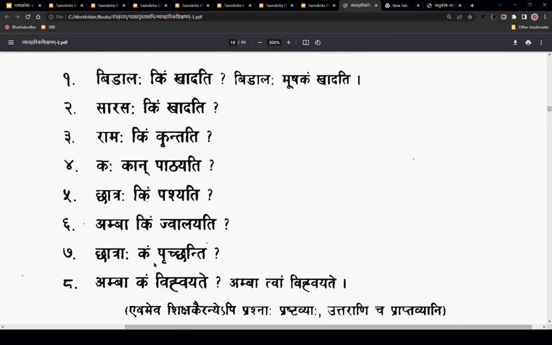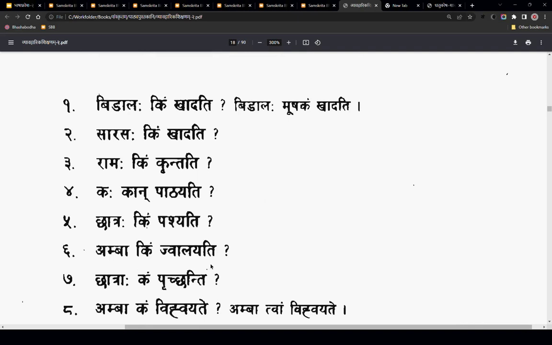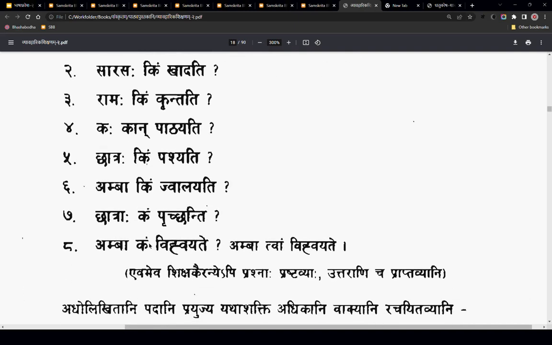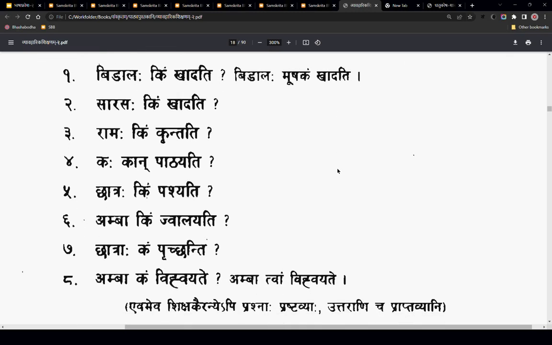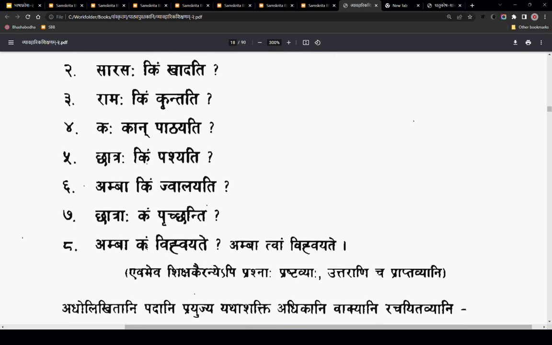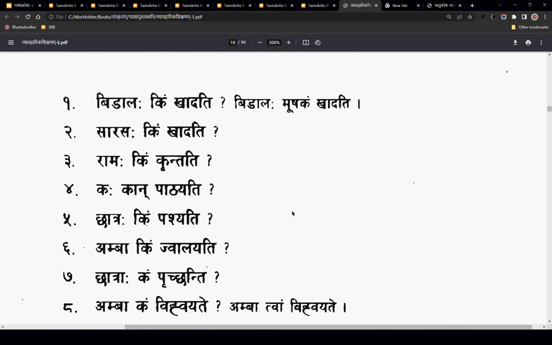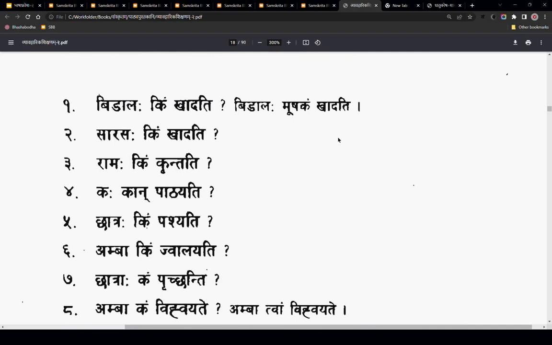Any question? Note here, in the questions in the exercises, bidalaha kim khadati, all these kim, kan, kam are in the dvitiya vibhakti because it's a karma pada. The lesson is about the karma pada, the dvitiya vibhakti. So they use these question words also in the dvitiya vibhakti, and the answers expected are in the dvitiya vibhakti.